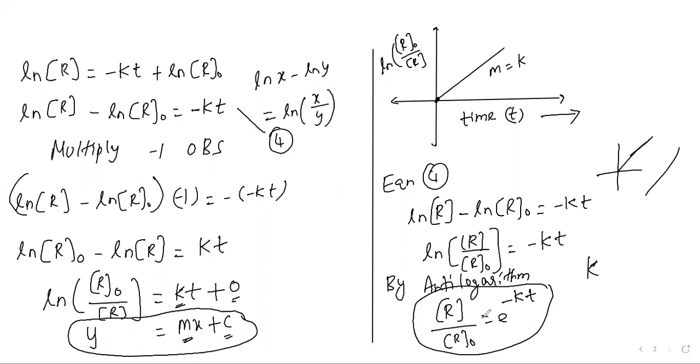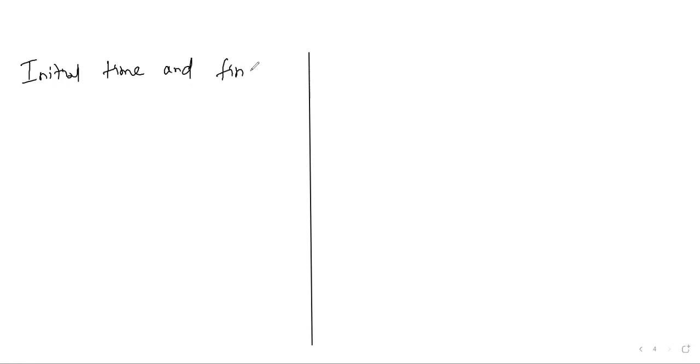So these two equations are related to initial concentration and concentration at any time. From time 0, the initial time, and the final time. Final means at any time t.